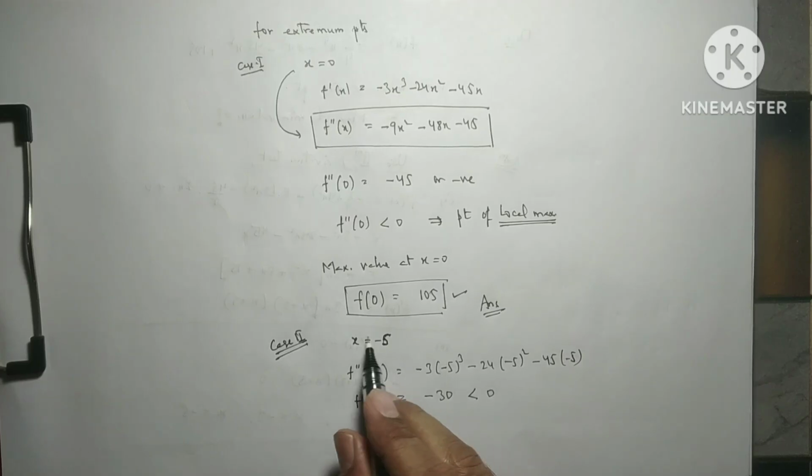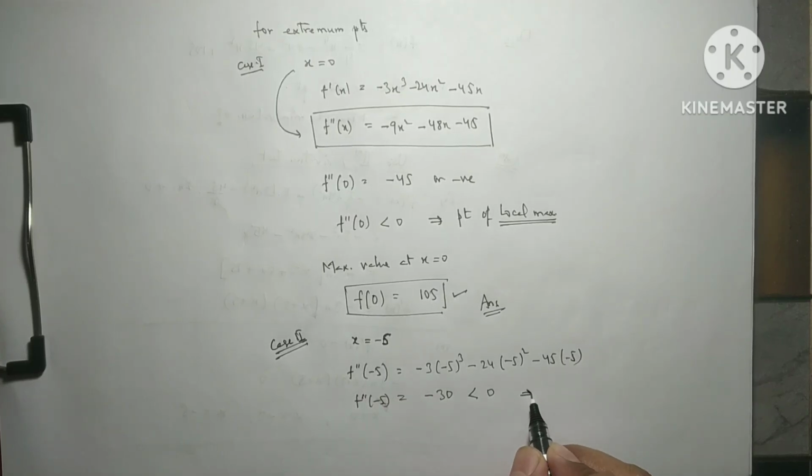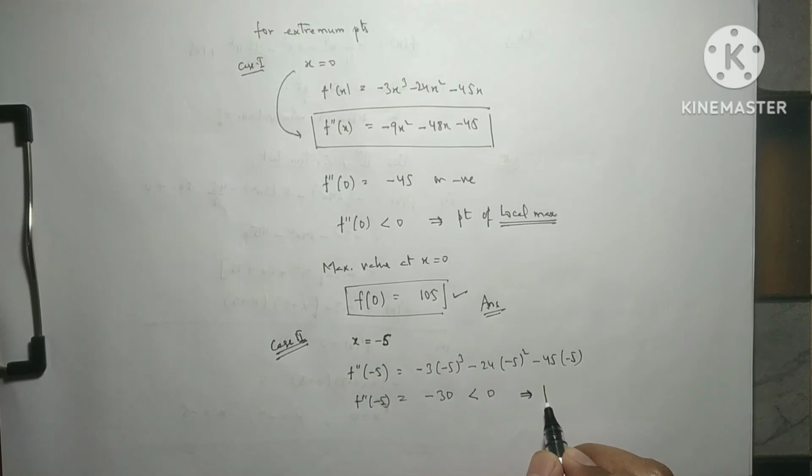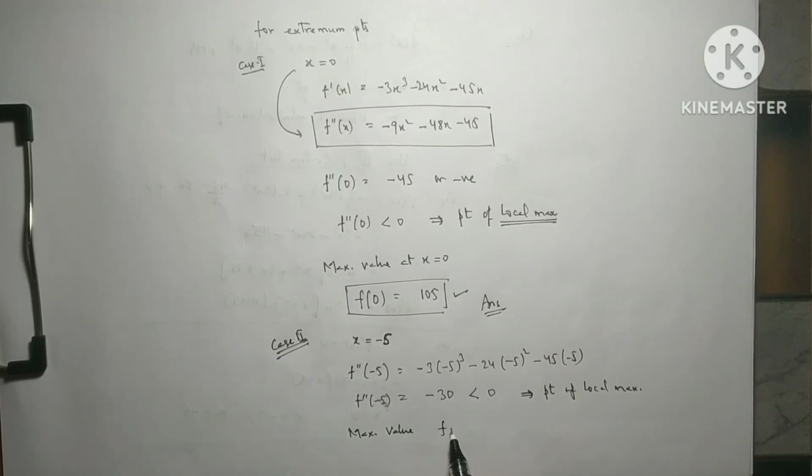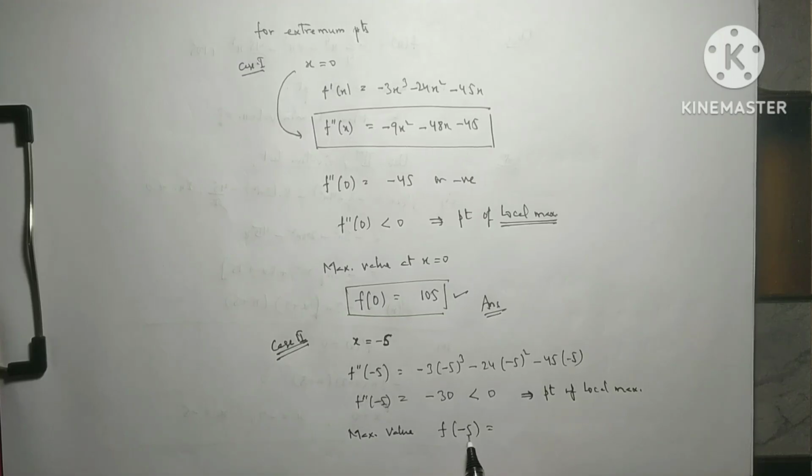So this shows at this point the function shows local maxima. The maximum value will be f minus 5 when you put this in the given function. On solving we get the value 295 over 4.